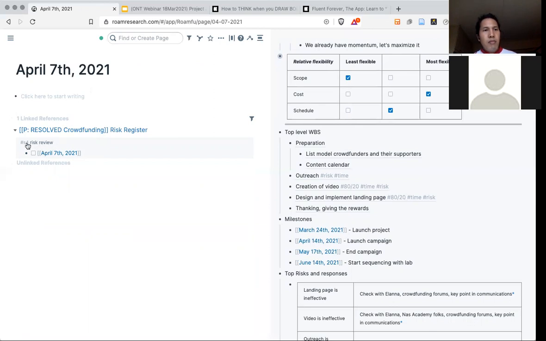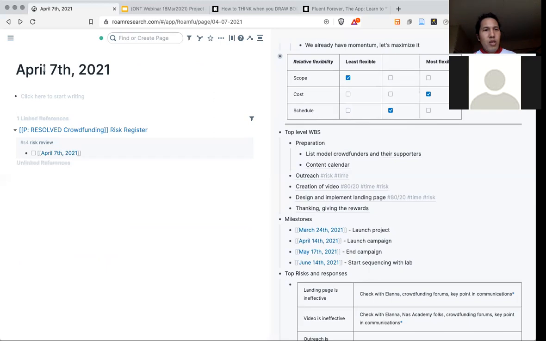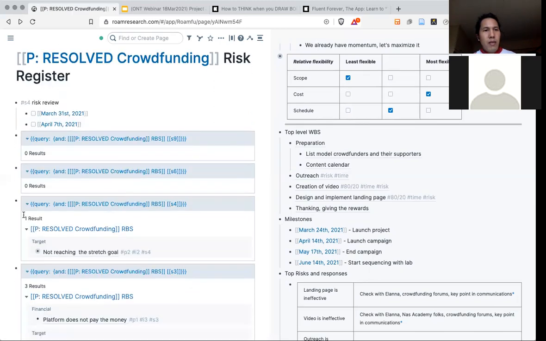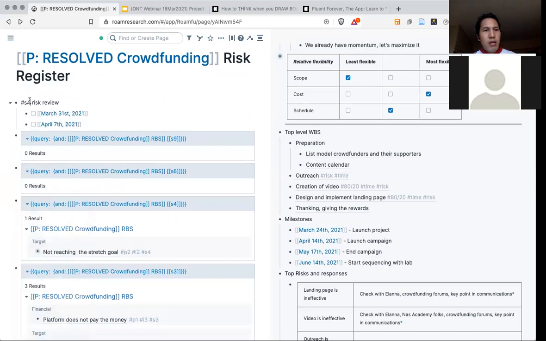Here, I will probably use S4, because you have here the... but I could also use this block. Or here, a block reference will be easier. This could be... I don't know if we could place it here.